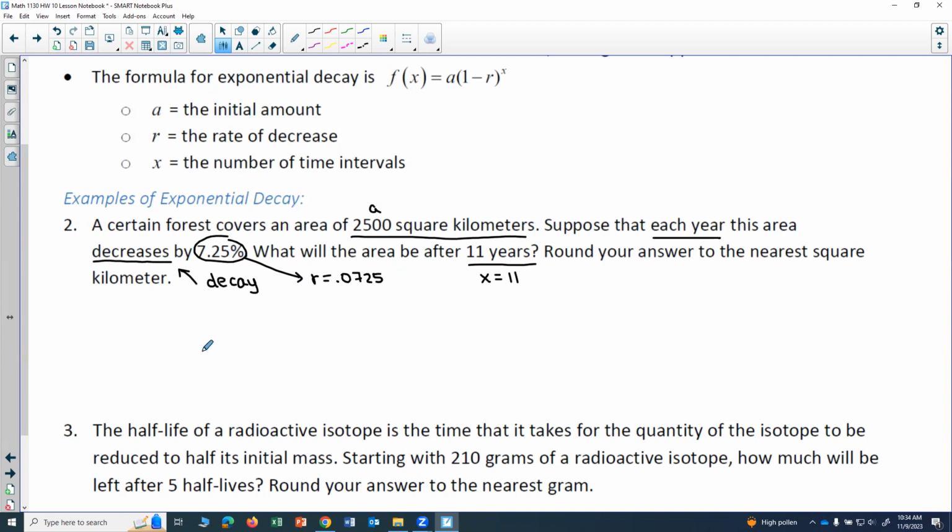So the size, we'll call it area. So I'll say A of 11 is going to be 2,500. That's our lowercase a value. Parentheses 1 minus 0.0725 raised to the 11th power.